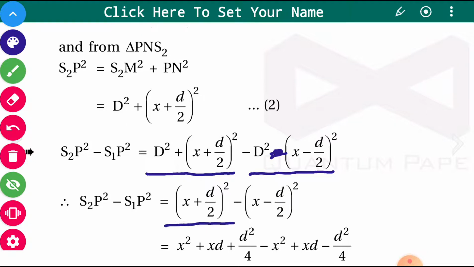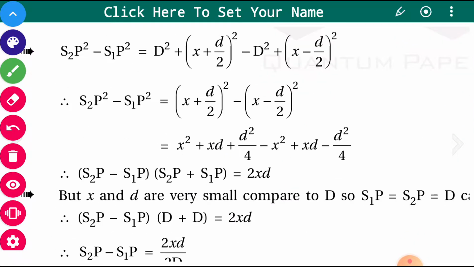So we get x plus d by 2 the whole square minus x minus d by 2 the whole square, and if you just open the bracket and simplify, then you are getting 2 times xd, because this x square will be cancelled out.